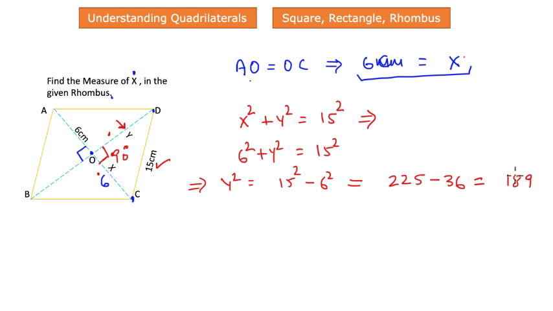So if y square is equal to 189, that means y, by simply taking a square root, should be equal to square root of 189, and that will give you 13.74. Now with that, not only did you find the value of x in the given problem statement, but you were also able to find the value of y. So with that, we will pause here for our introduction on the quadrilaterals.